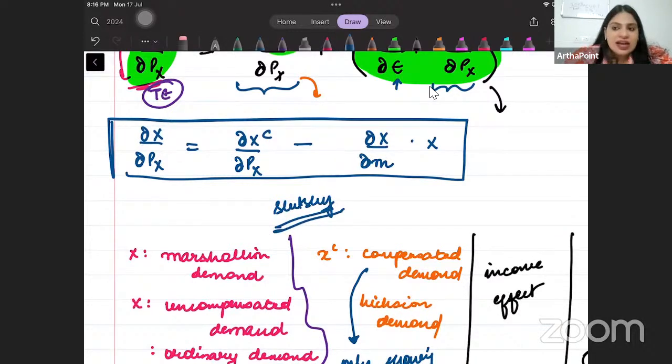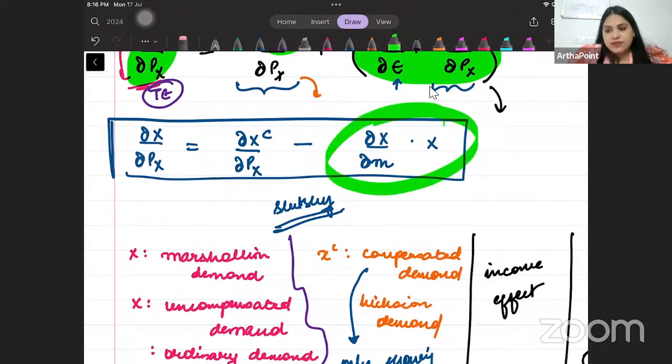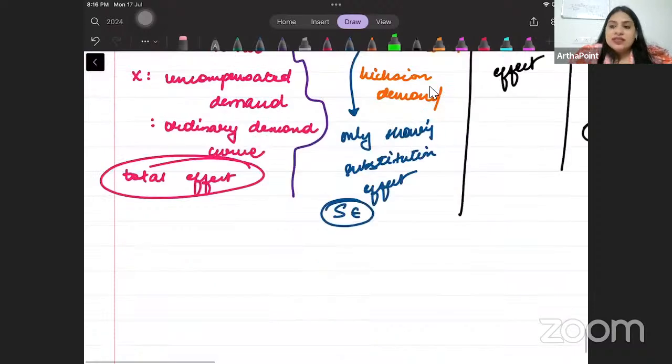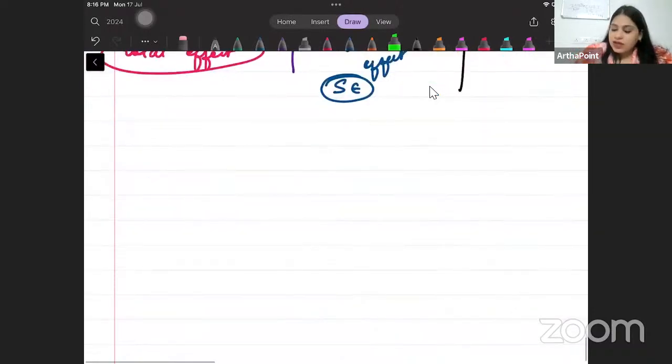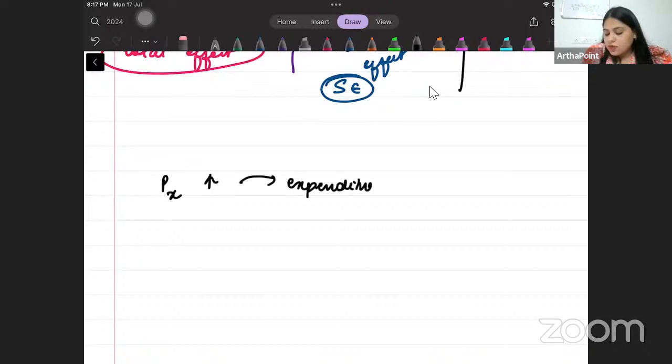Try to analyze this income effect. What is this income effect saying? This says the following. Suppose your price increases, it means that your expenditure on that good will increase.